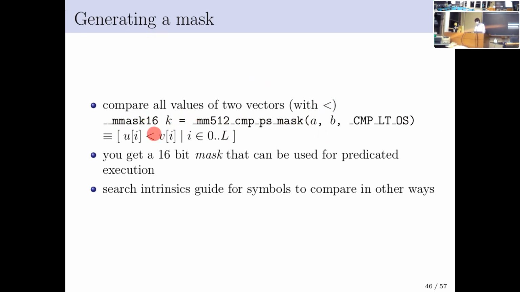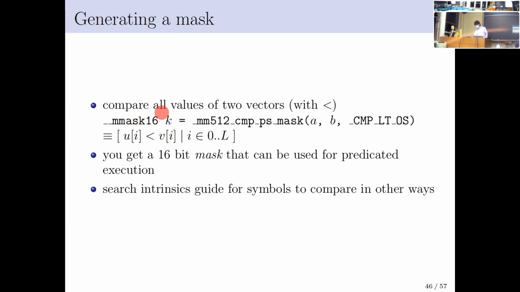So this instruction compares, sorry, this should be a and b, each corresponding element of a and b, and each result is either 0 or 1, and it is returned as a 16-bit mask.